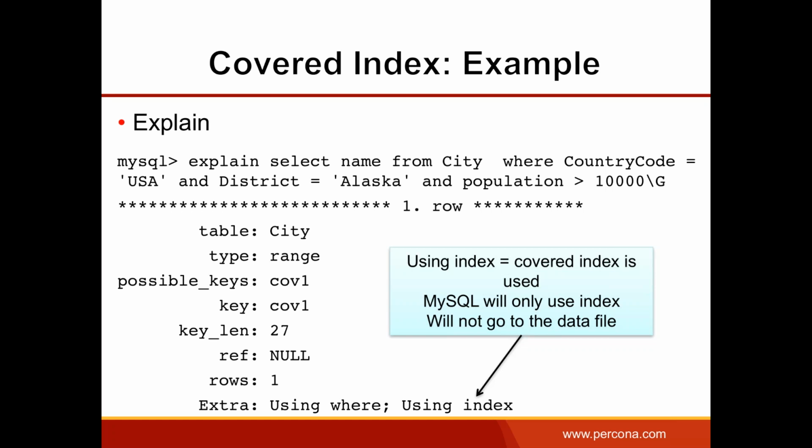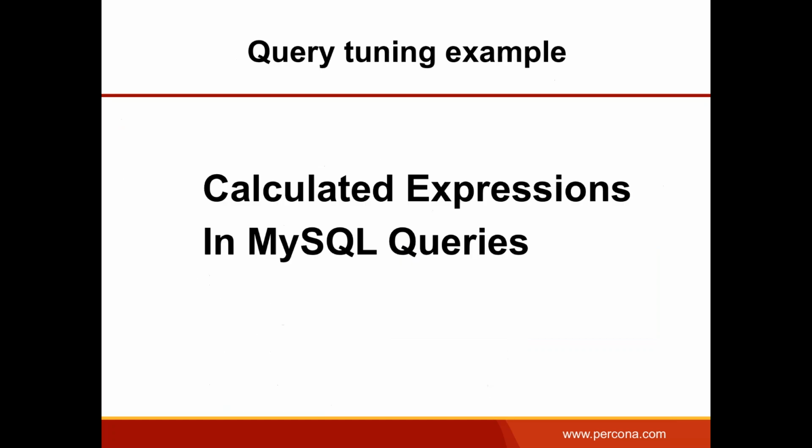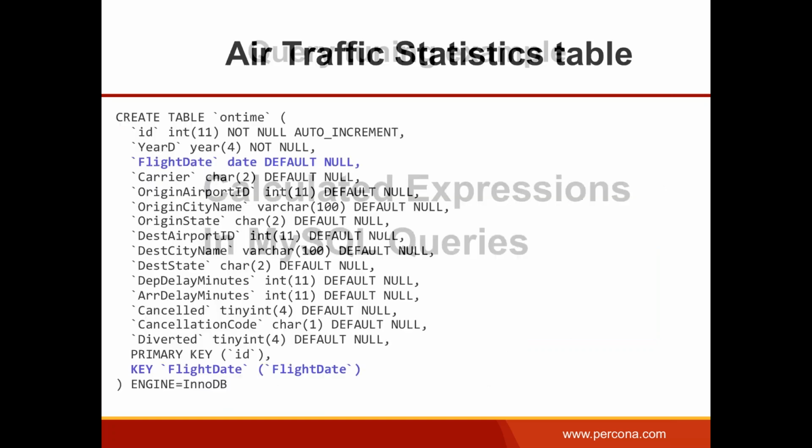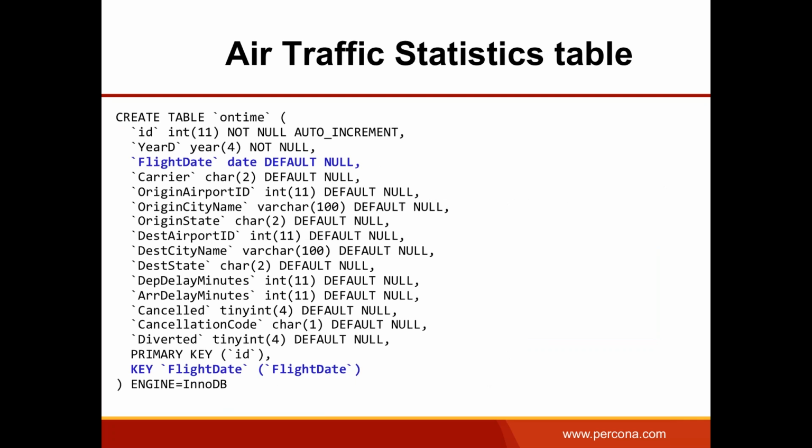Now we know how MySQL uses indexes and what kind of indexes we have in MySQL. We can go forward to the more advanced topics. So let's start with calculated expressions in MySQL queries. I will demonstrate this by using the air traffic statistics table.